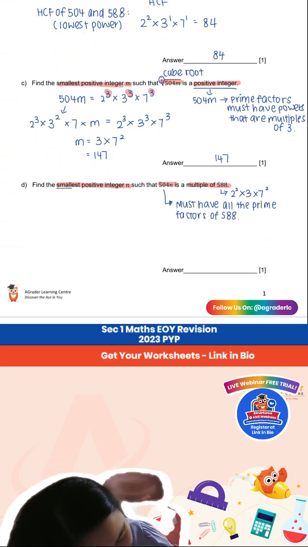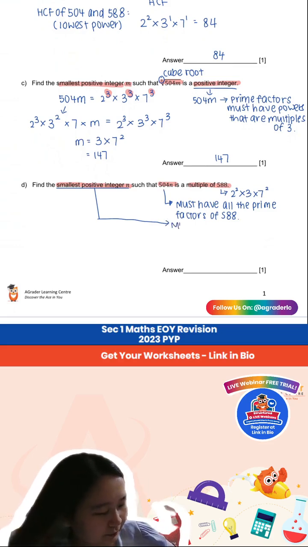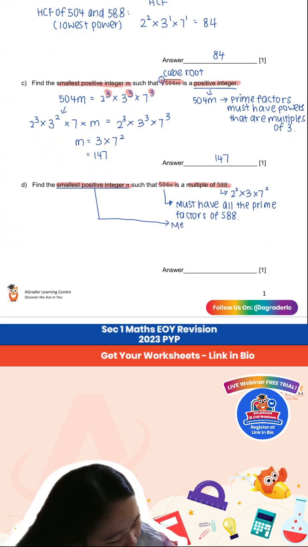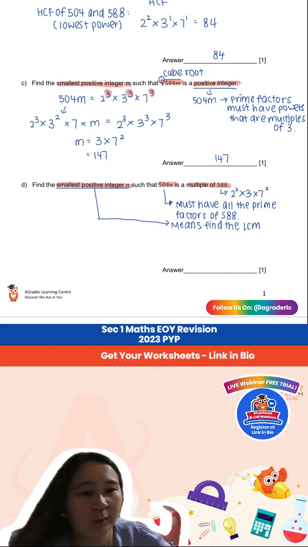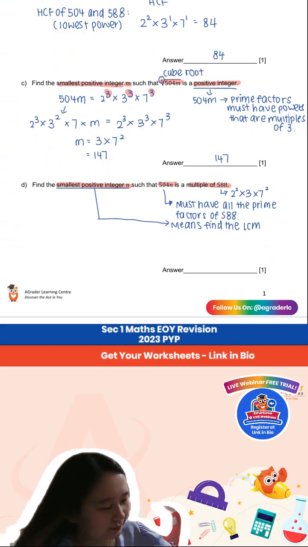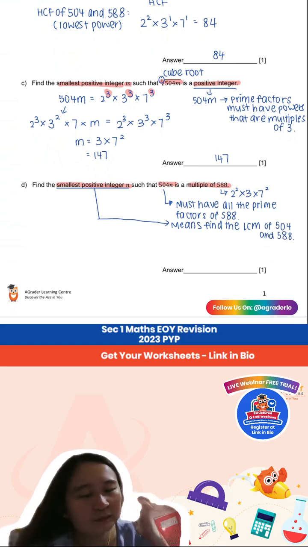And they want this smallest positive integer n. So this means you need to find the lowest common multiple. Yeah, correct. Of 504 and 588. Okay?